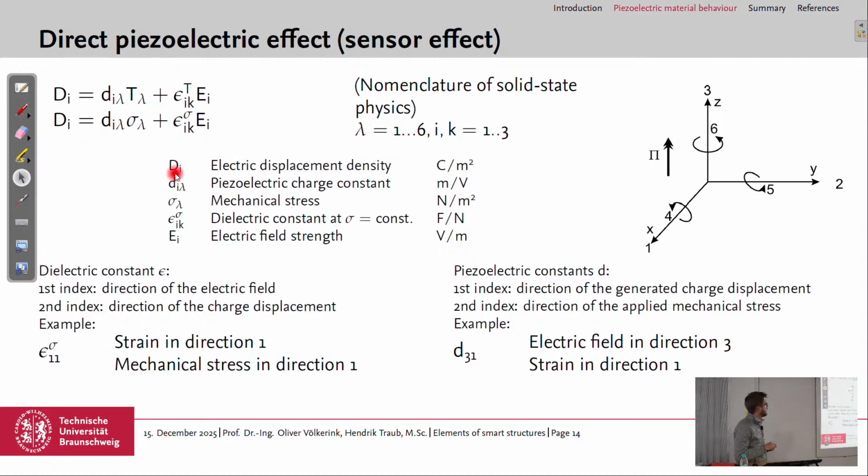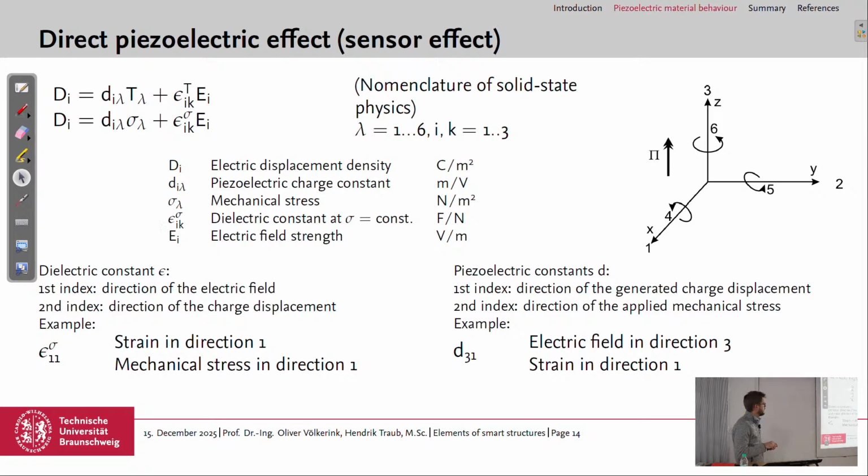So here we have again the different quantities: electrical displacement density D, or electrical or charge displacement, the piezoelectric charge constant, the small d, mechanical stress sigma, epsilon for the dielectric constant measured at a constant stress, and the electrical field strength E.